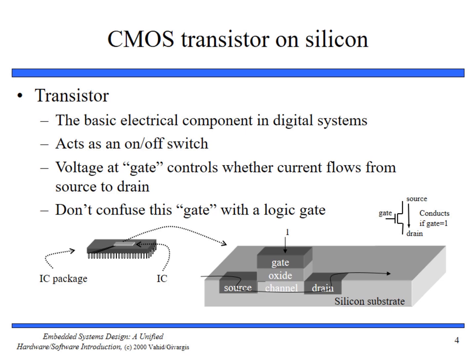So one of the most important building blocks of combinational logic design and sequential logic design is CMOS, complementary metal oxide transistor on silicon. This transistor is used to make logic gates.